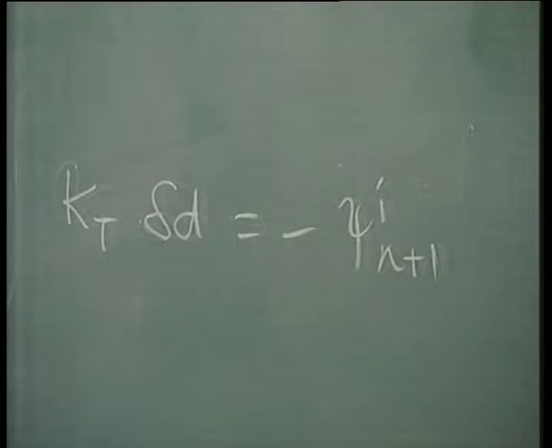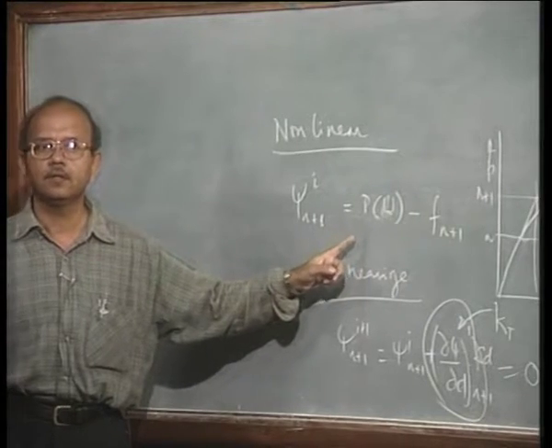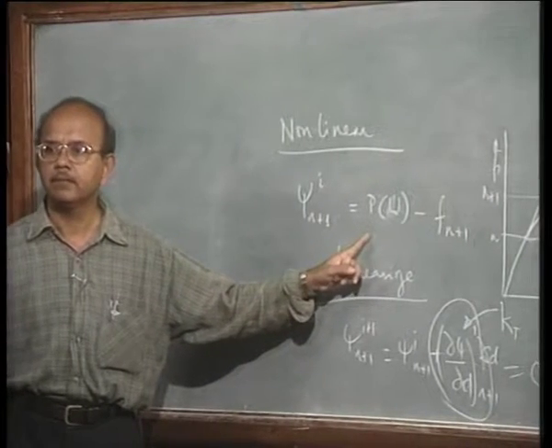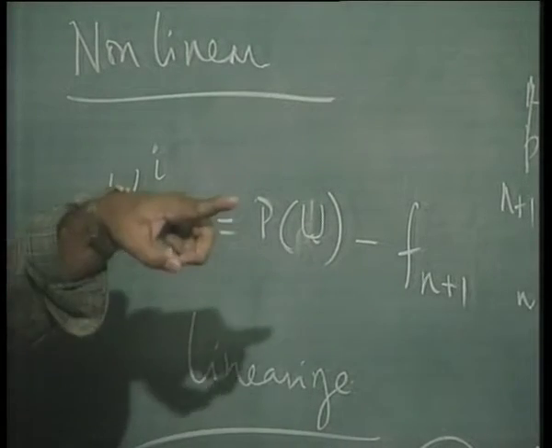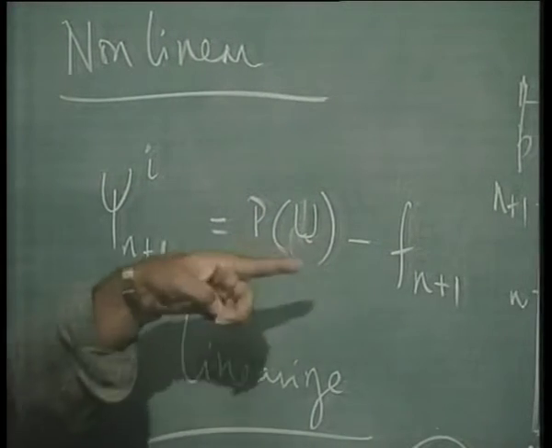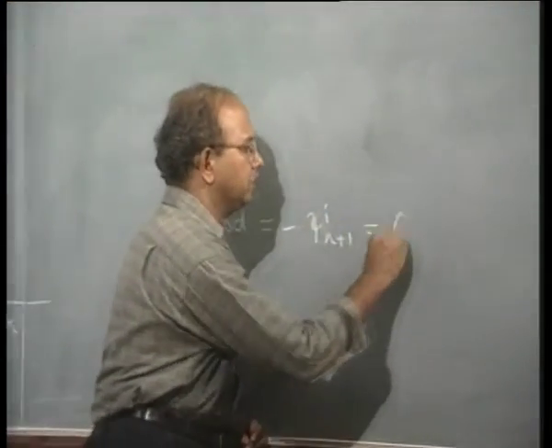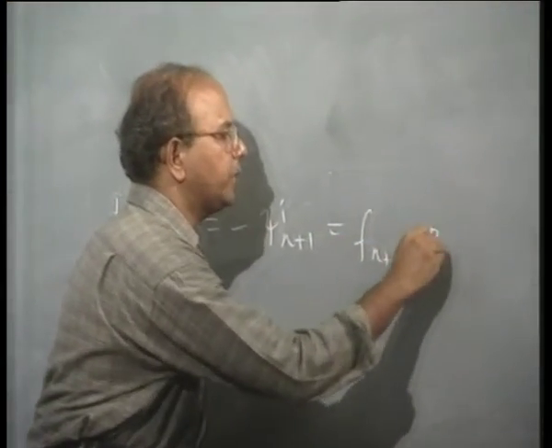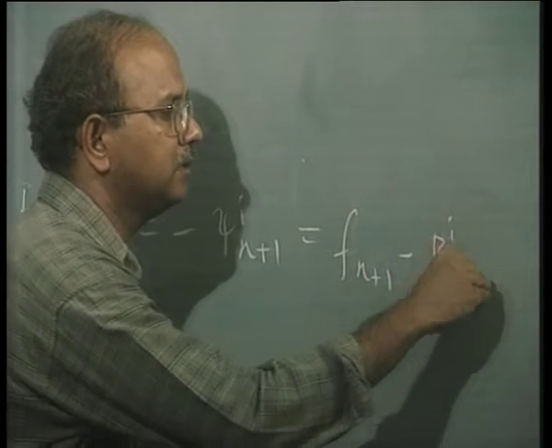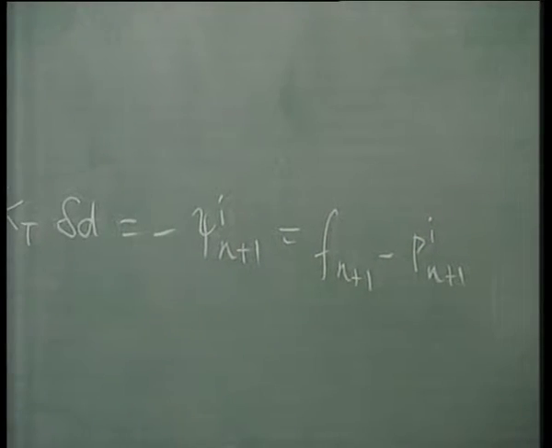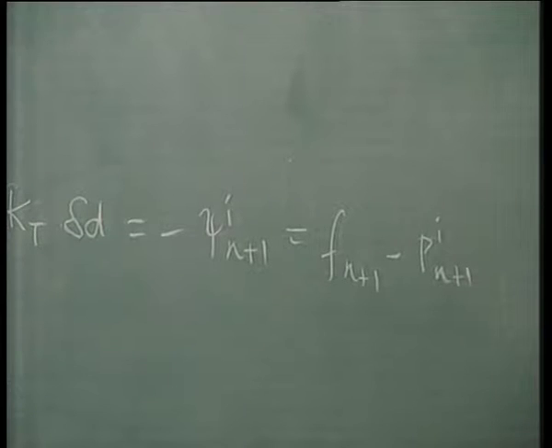Yes. What is psi i n plus 1? Get it from the first equation. But minus of that, so F n plus 1 minus P. So this is equal to F n plus 1 minus P, let me call this i, say n plus 1, that is the error term.